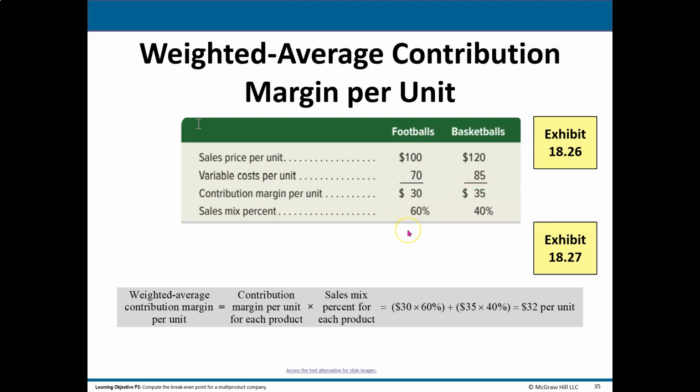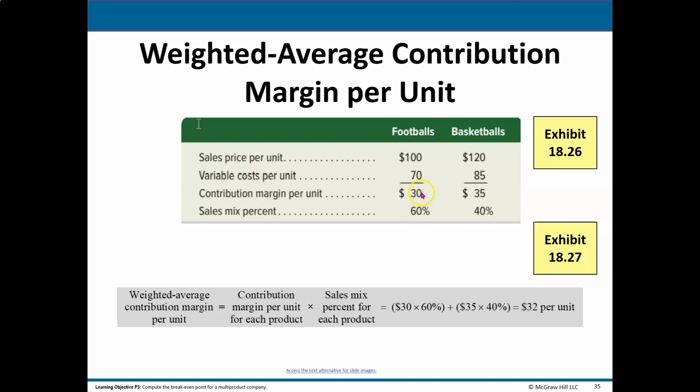Now, based on the breakdown of sales, remember we said sales of footballs represented 60% of total sales, and sales of basketballs represent 40% of total sales. So in order to get the weighted average contribution margin per unit, I'm going to take my contribution margin per unit for each product and multiply it by the percentage of sales.